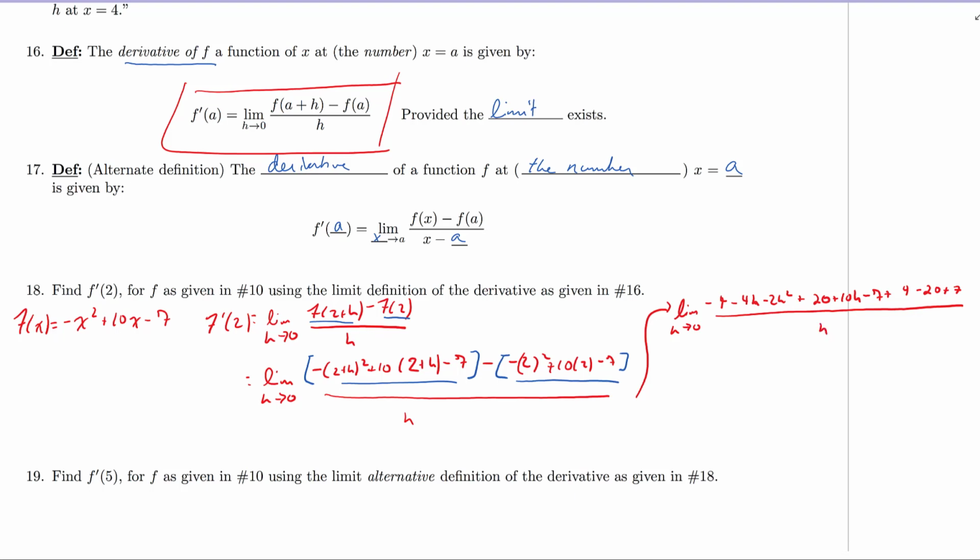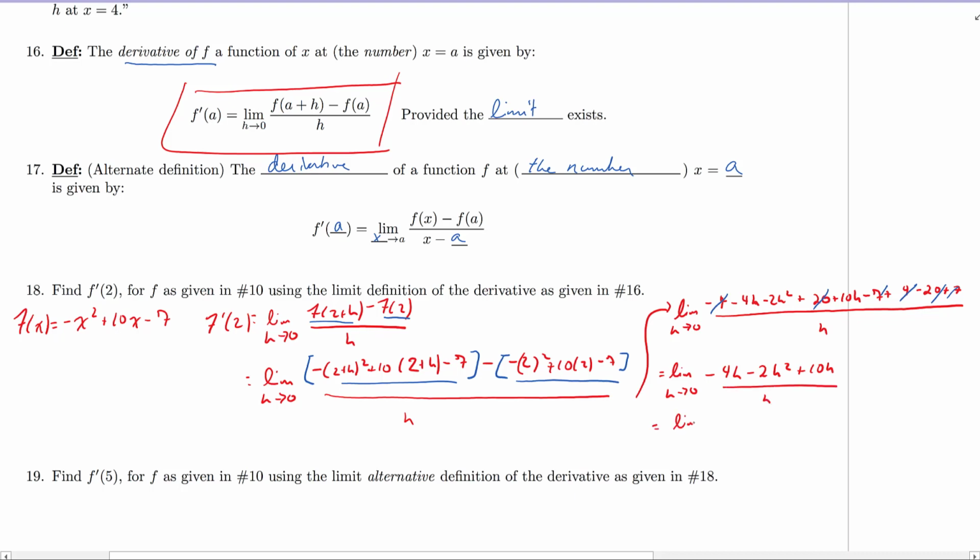As we've said a few times now, because this is a polynomial, all the terms that don't have an h in them end up canceling out. And so what are we left with? We're left with the limit as h approaches 0 of negative 4h minus 2h squared plus 10h all over h.